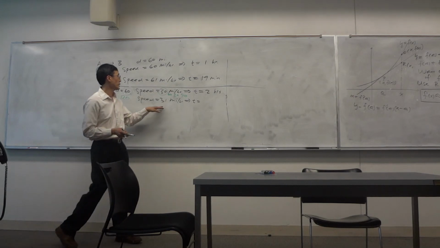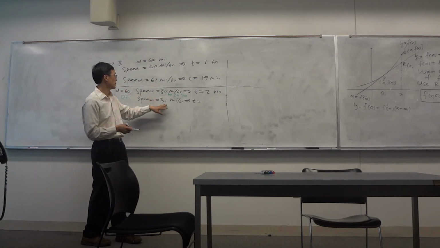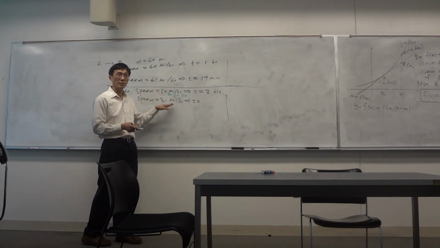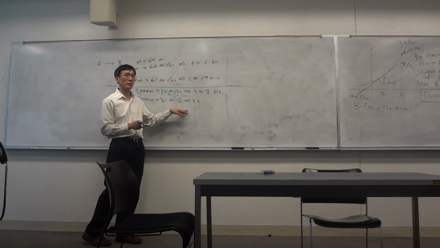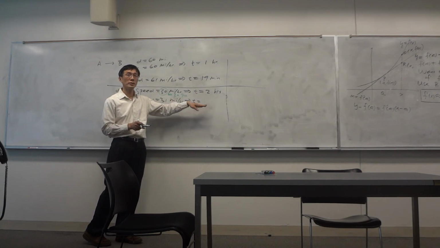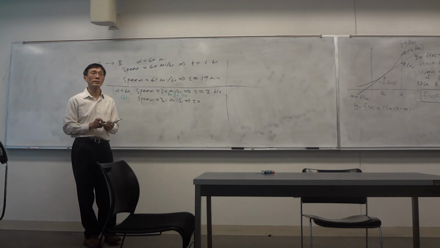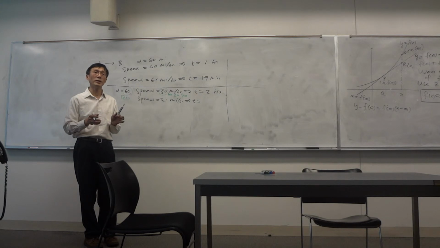By the way, do you have a guess for 60 miles and speeds of 30 to 31? How would that change? Is that obvious to us? Originally it was 2 hours. If you drive a little bit faster, 1 hour 59 minutes, almost.